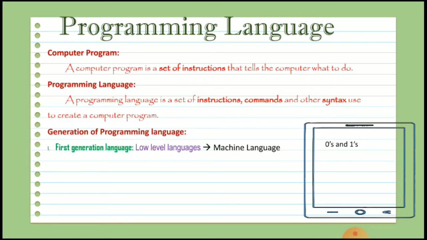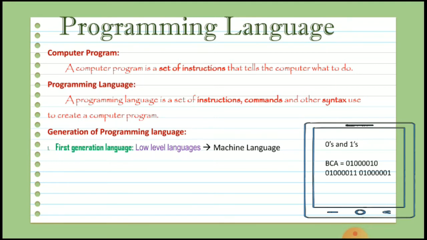For example, if you want to write the word BCA in machine language, you have to write 0 1 0 0 0 0 1 0 0 1 0 0 0 0 1 1 0 1 0 0 0 0 0 1.